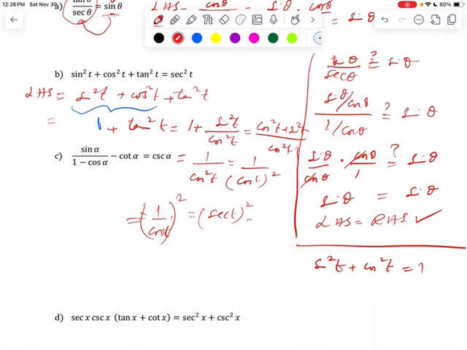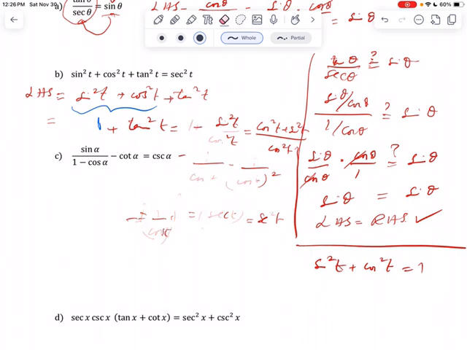So you can write it as secant of t whole square or secant square t. So again, this involves a little bit more work. If you have the identities as many as possible memorized, these will come easy to you.